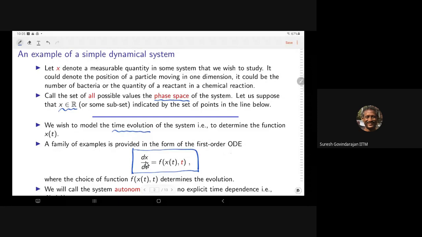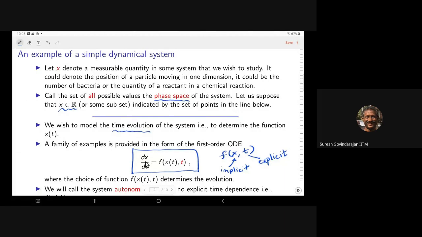So this function has two time dependencies. This one is called implicit dependence because it depends on t through x, and this is explicit. Both possibilities can happen simultaneously.